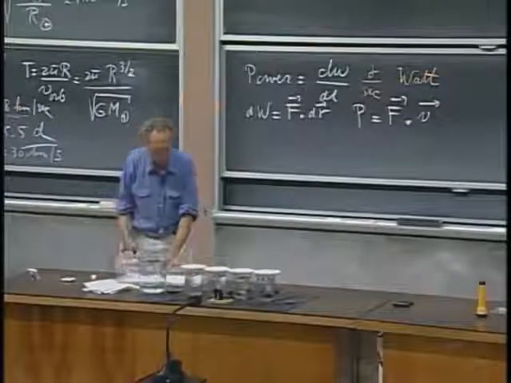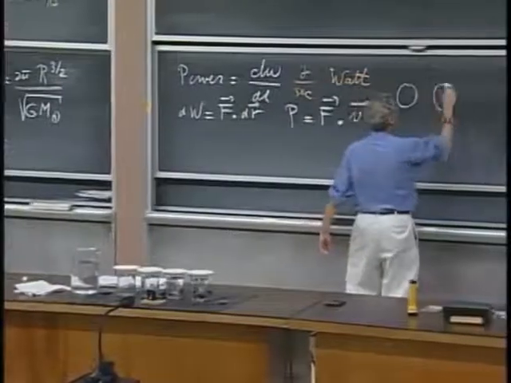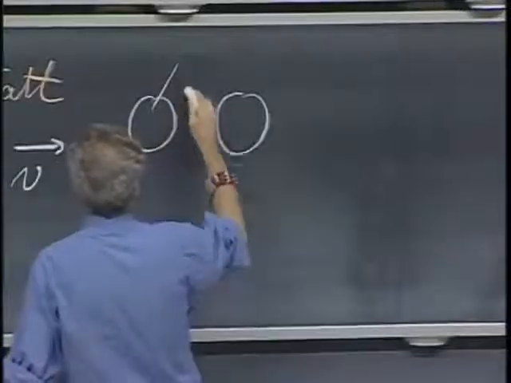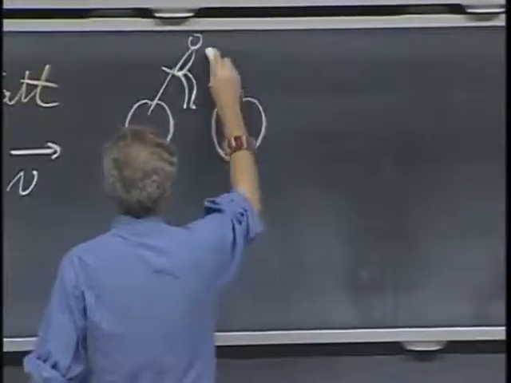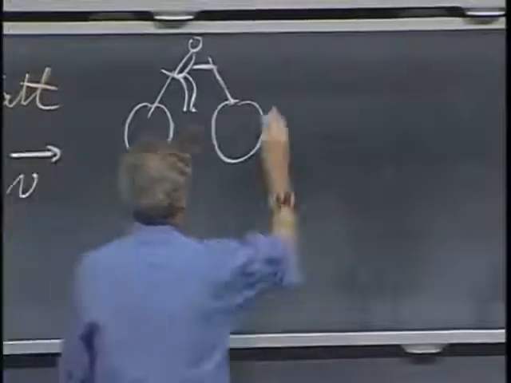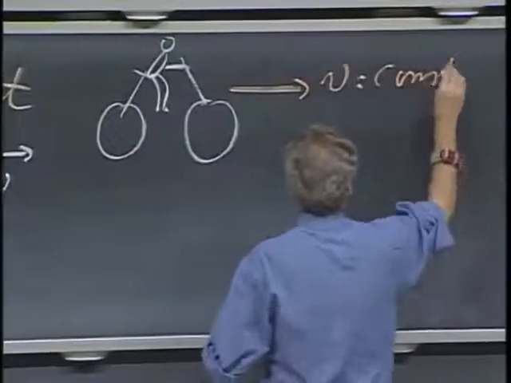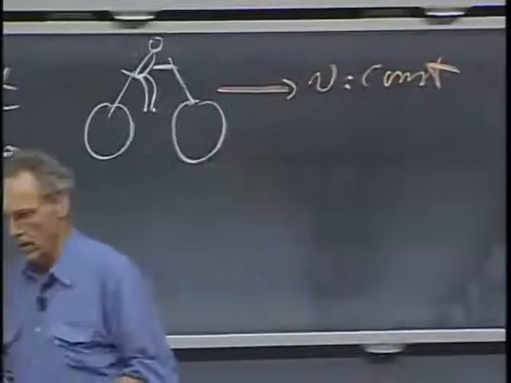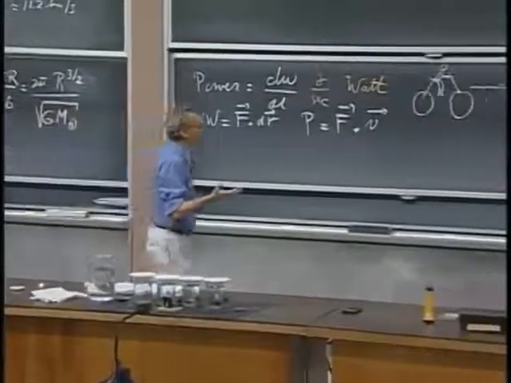Let's take an example. I am on a bicycle. Here's my bicycle, and I'm sitting on it, and I'm trying to get going. I have a certain velocity, and I keep that velocity constant. That's the way most people would ride their bikes. Now, there is air drag, which is unavoidable. We discussed that.